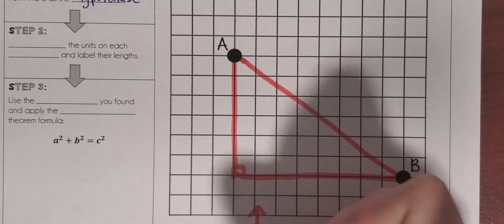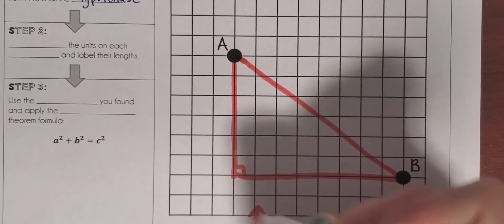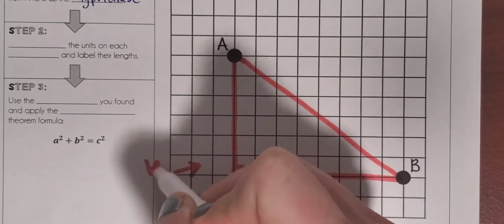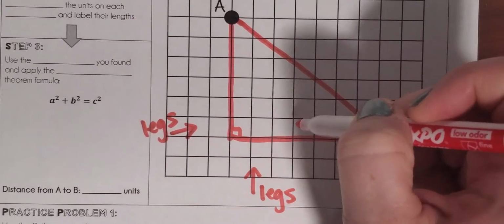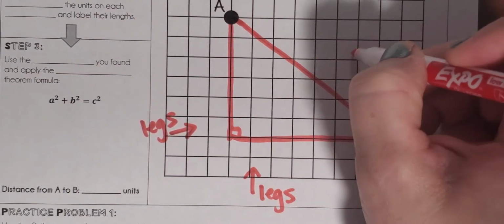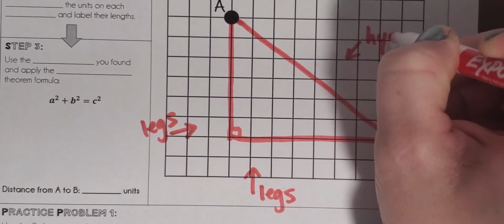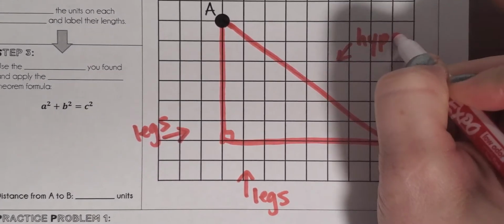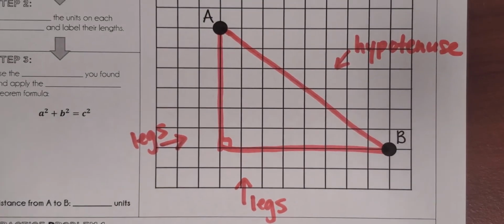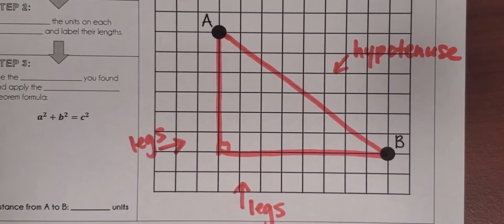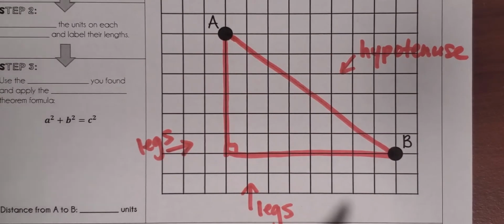So here are my legs. I know that the side that is opposite of my right angle is called the hypotenuse. Hypotenuse. If I'm going too fast in this video, make sure that you're pausing it so you're able to write down all of these things too.